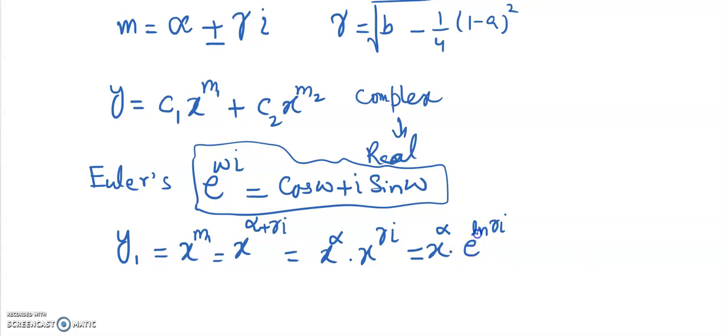If we write e to the log of x, it will simply be x. So I can write it like something like this: e power (log x) to the gamma i.